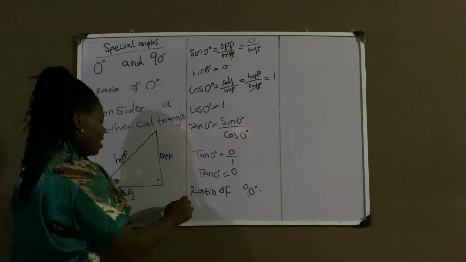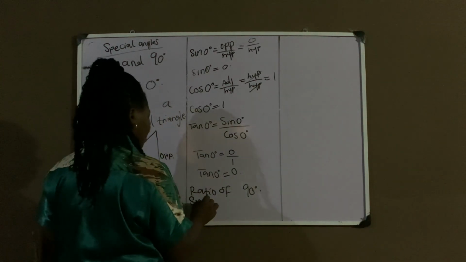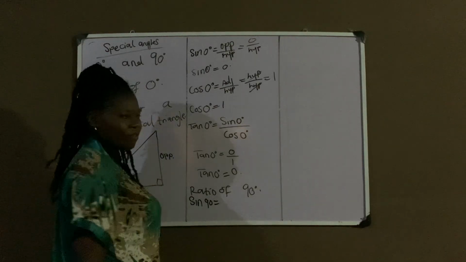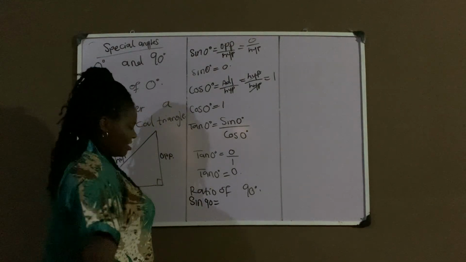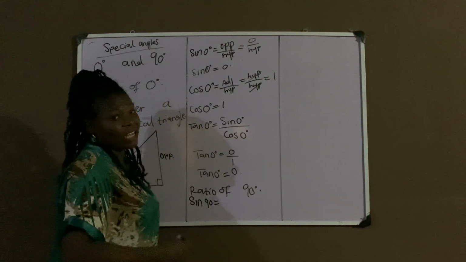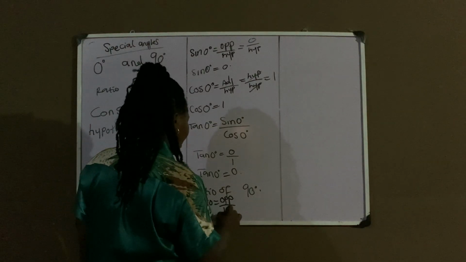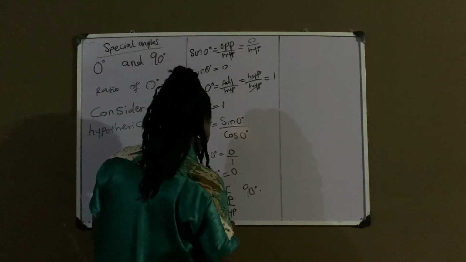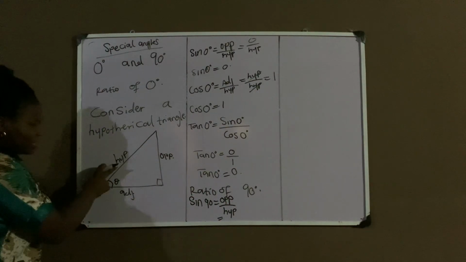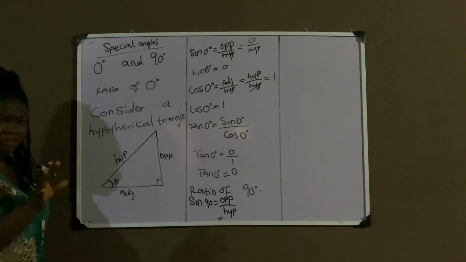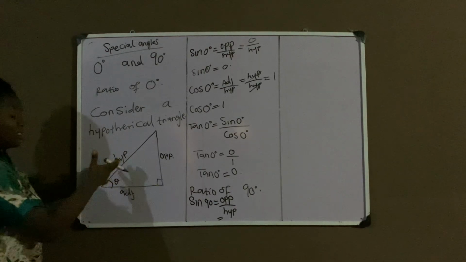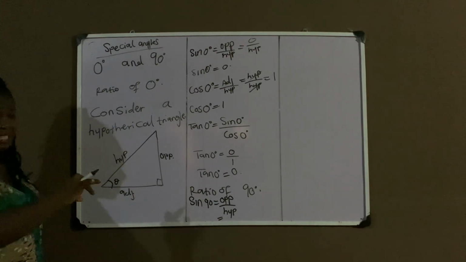Now you tell them that sine 90 degree. Of course, you know that sine of any angle is opposite over hypotenuse. But here, the opposite is becoming the hypotenuse, or you say the hypotenuse is becoming the opposite, which means they are equal.